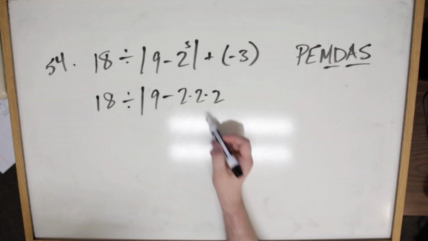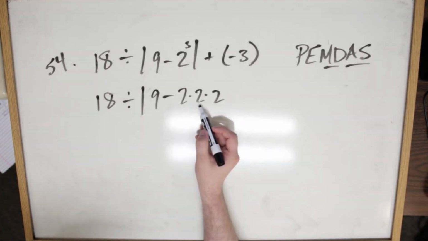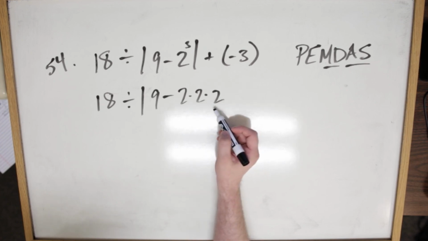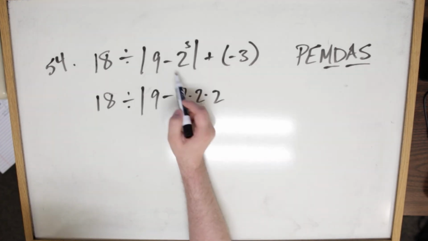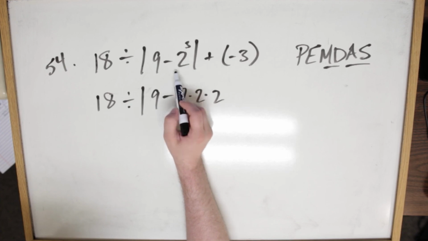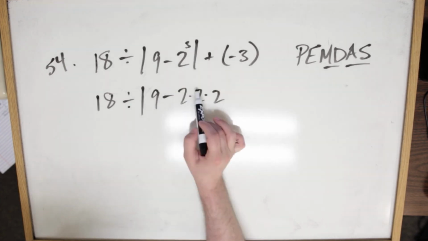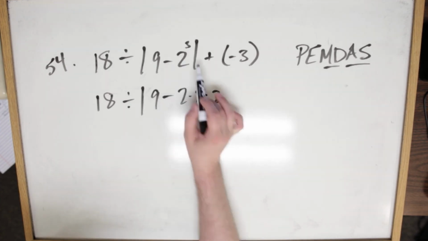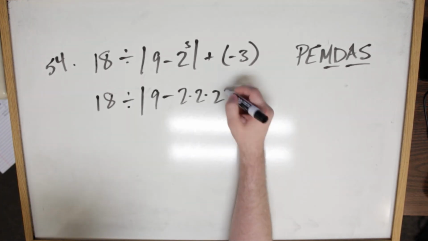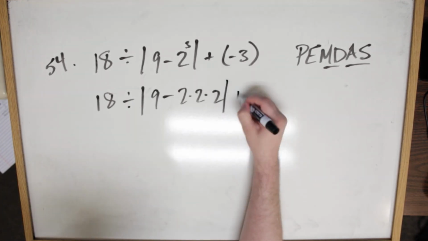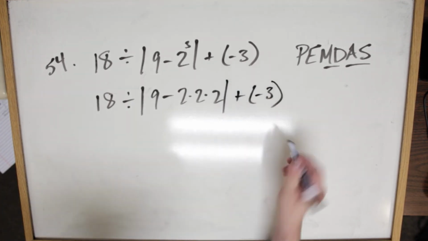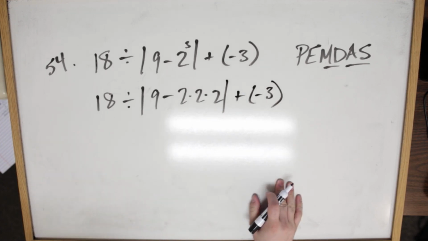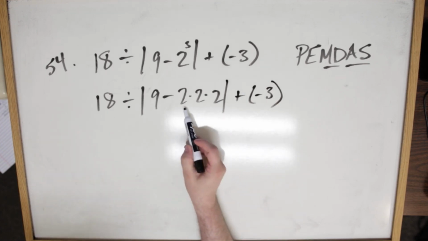So 9 minus 2 times 2 times 2. Again, remember there are no brackets surrounding the minus sign, including the minus sign raised to the exponent. That is outside, they're separate. So you get something that looks like this, plus or minus 3. All right, so now we have to do the multiplication and division.